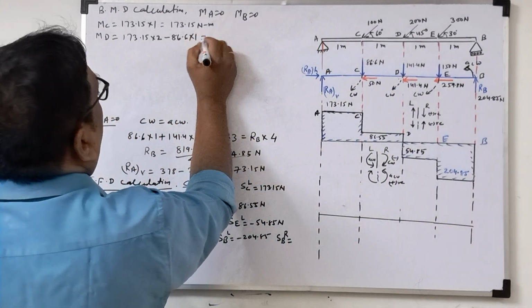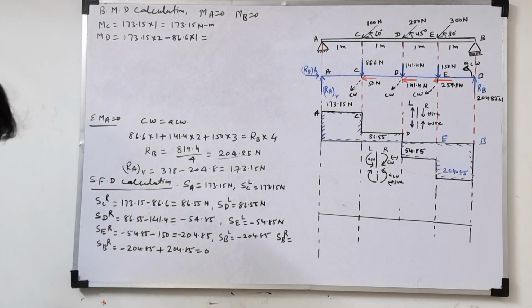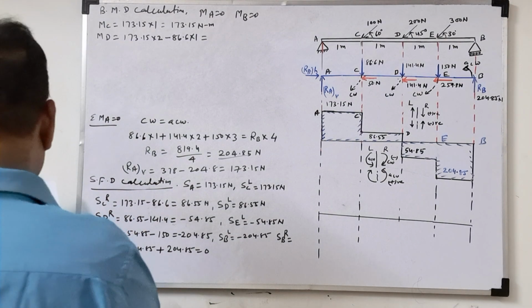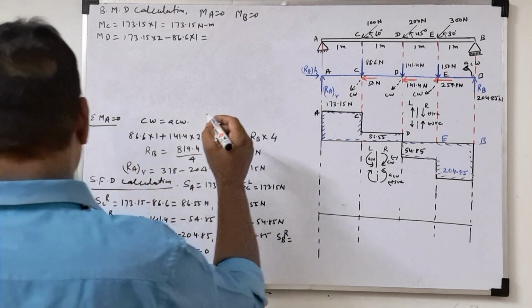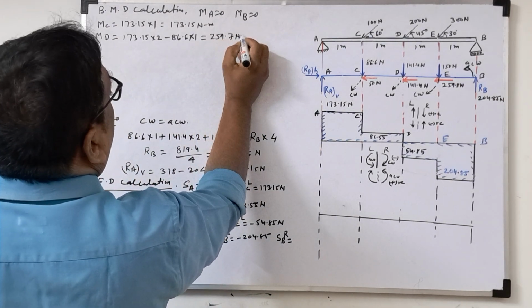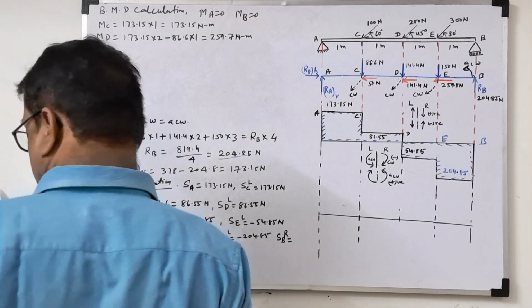If we calculate this MD, it comes 259.7 Newton meter. So we got MD here.